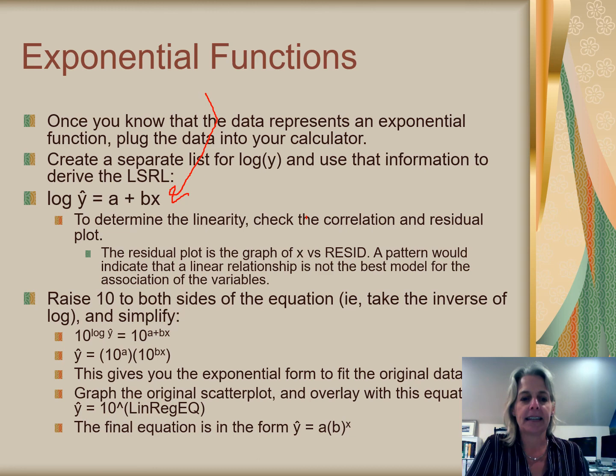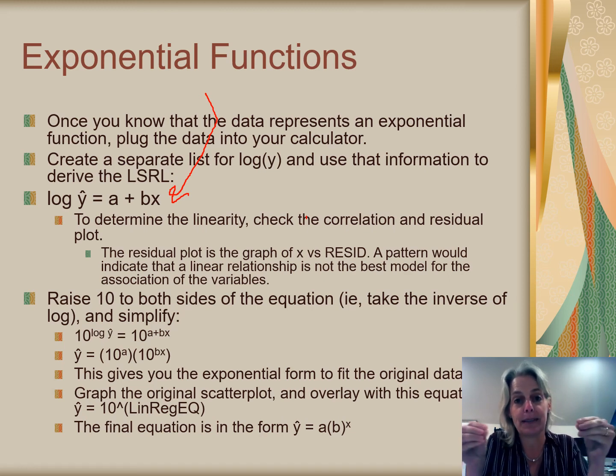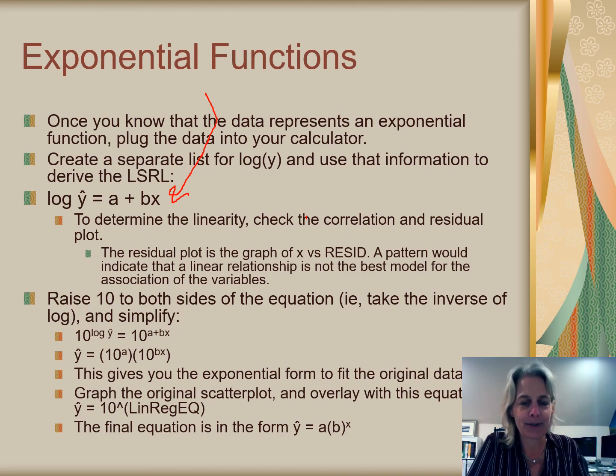So what you do is take 10 as your base and make both sides of your equation the power. You can work your way back algebraically, but there's an easier way, and we're going to do it the easier way. I'll show you that in just a second.